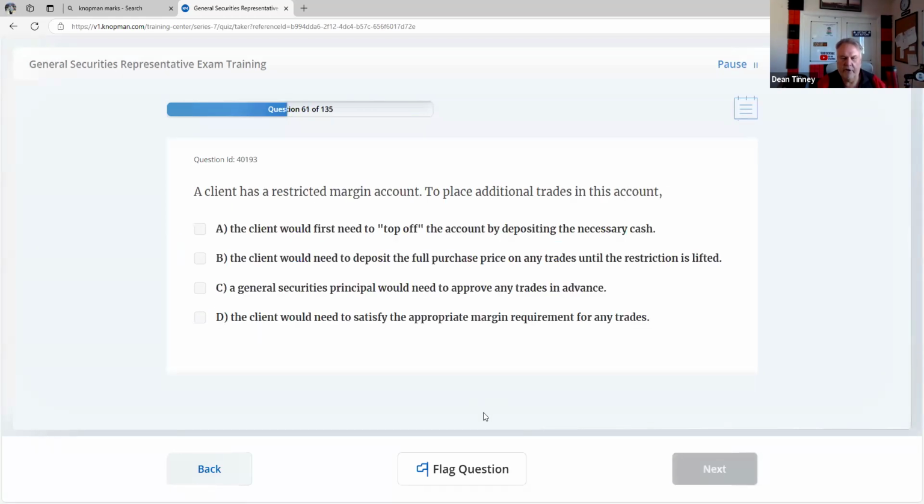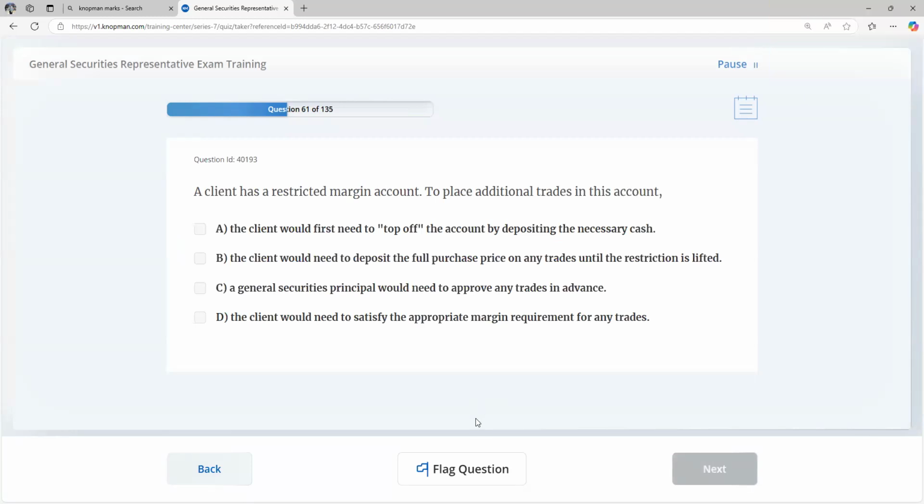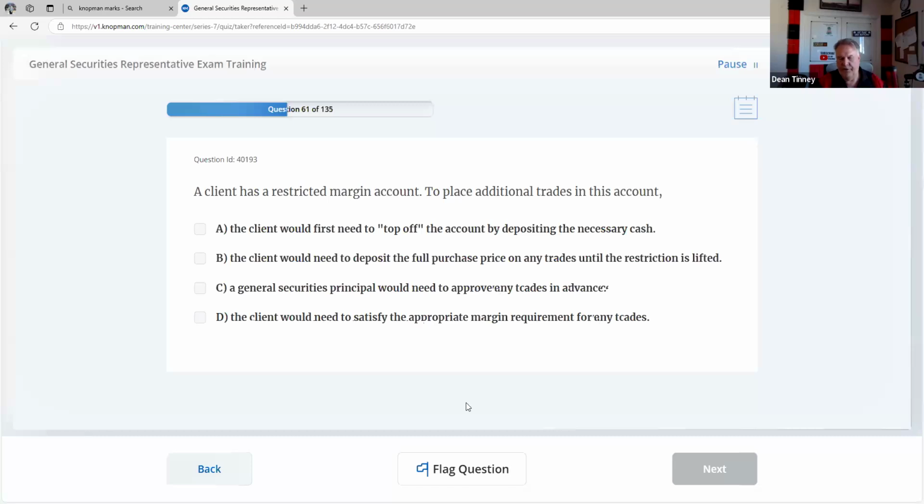A client has a restricted margin account. To place additional trades in the account, the client would... It's a restricted account. I feel like it could be B or C. So remember, restricted just means you're below 50% equity.